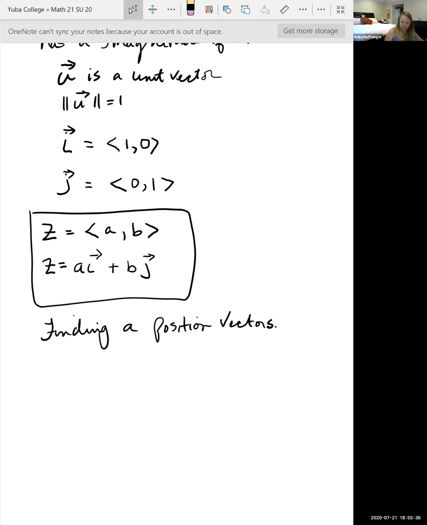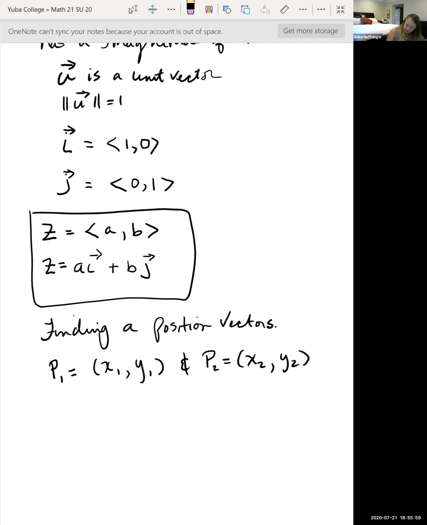So let's say P sub 1 is equal to the point (x sub 1, y sub 1), and P sub 2 equals (x sub 2, y sub 2).